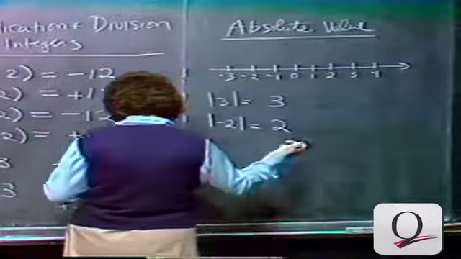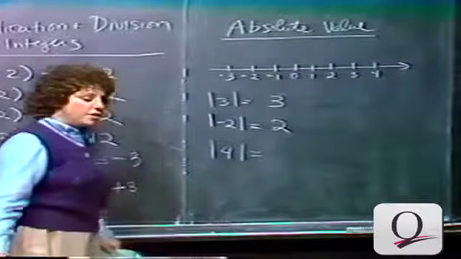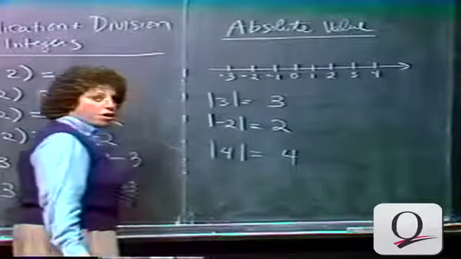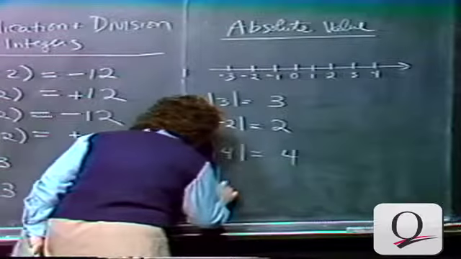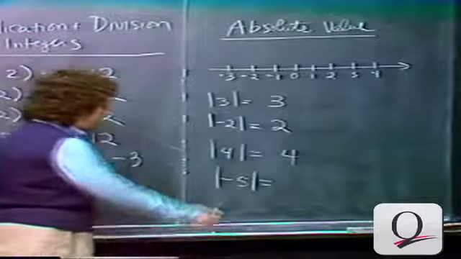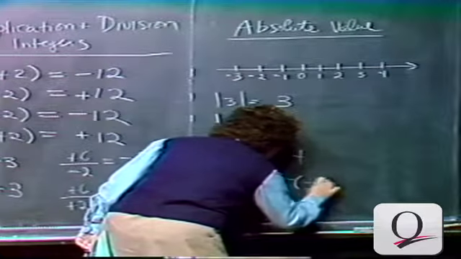Okay? So, for example, if I say the absolute value of 4, 4 is positive, and therefore, to get the absolute value, we leave it alone. The absolute value of minus 5, this is a negative number. To get the absolute value, we put a minus sign in front of the number.